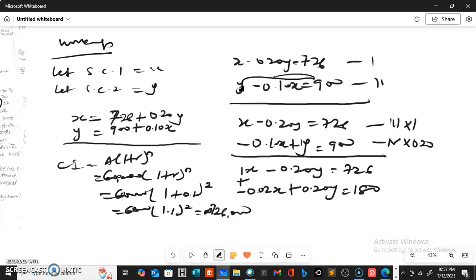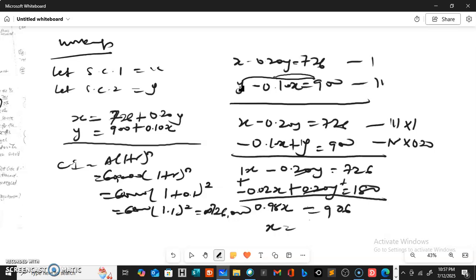Okay, plus. So 1x minus, or plus and minus will give us minus. That will be minus 0.02, which will give us 0.98x. Okay, so this will cancel off. It's going to cancel off this. Okay, so we have 726 plus 180, that is 906.